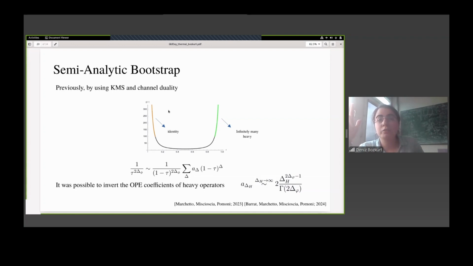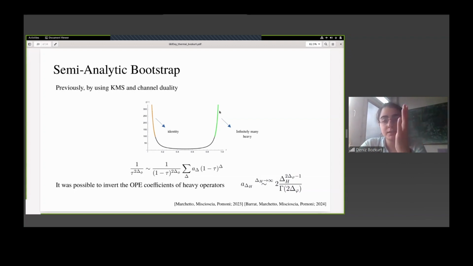And this periodicity condition dictates the form of the thermal correlator in a very specific way. In particular, combined with the OPE, we can see that when tau is very close to 0, the identity contribution in the OPE to the two-point function dominates.